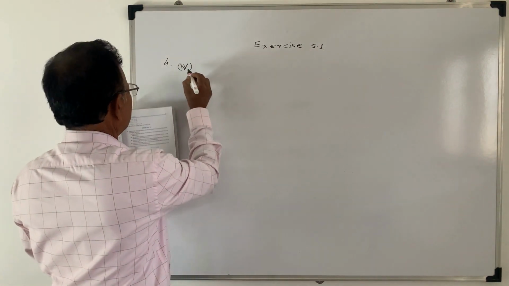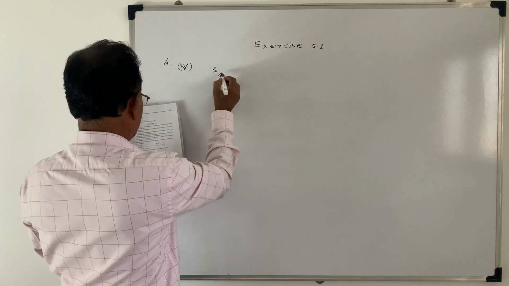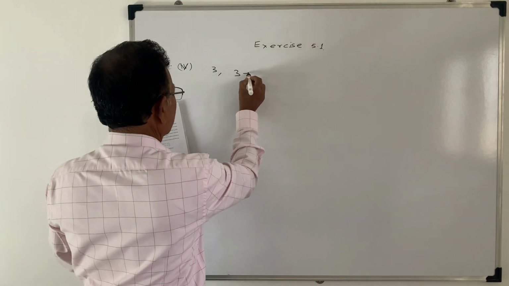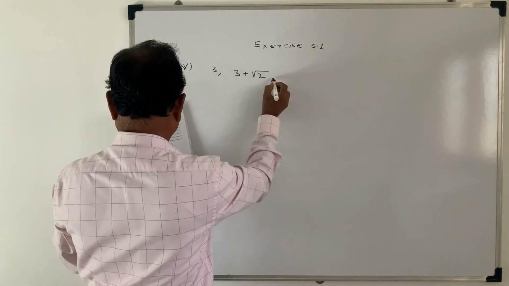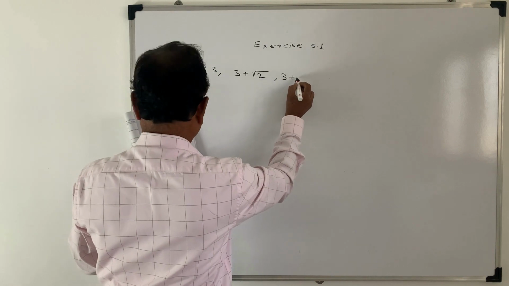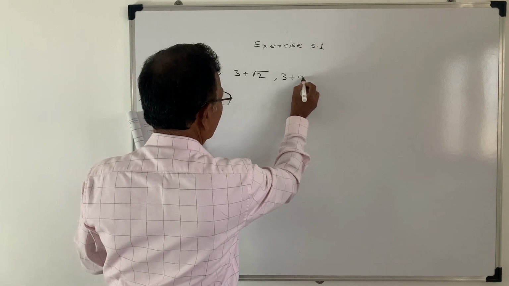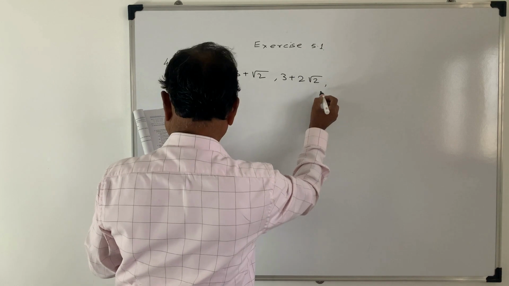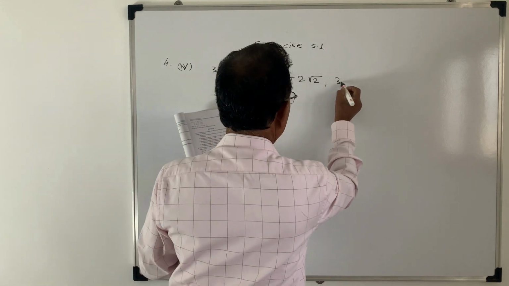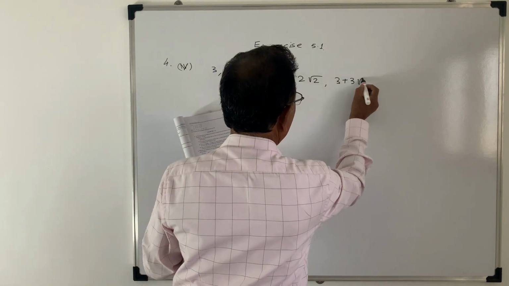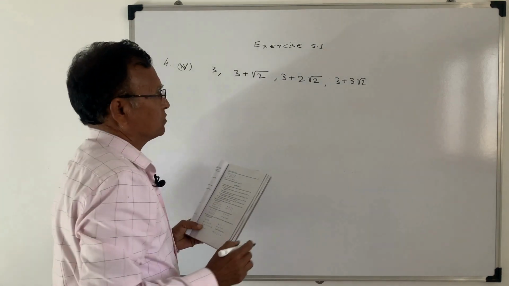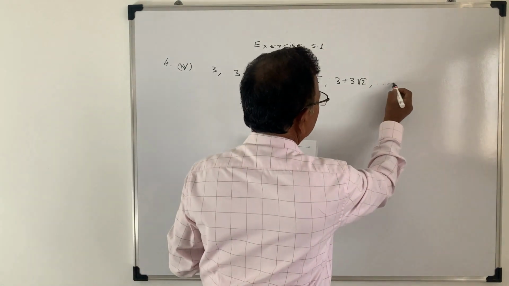Next is given 3 plus root 2, 3 plus 2 root 2, 3 plus 3 root 2. This way it is given.